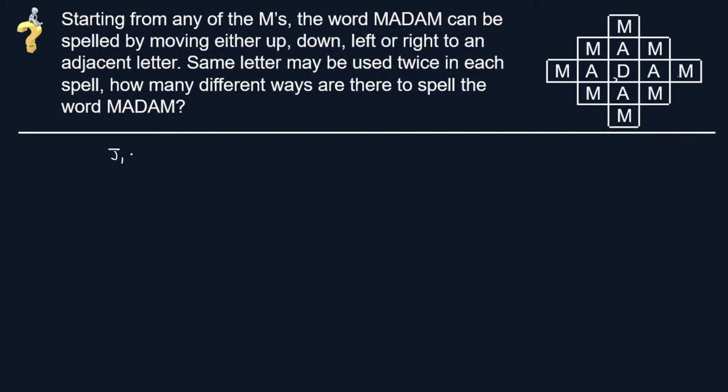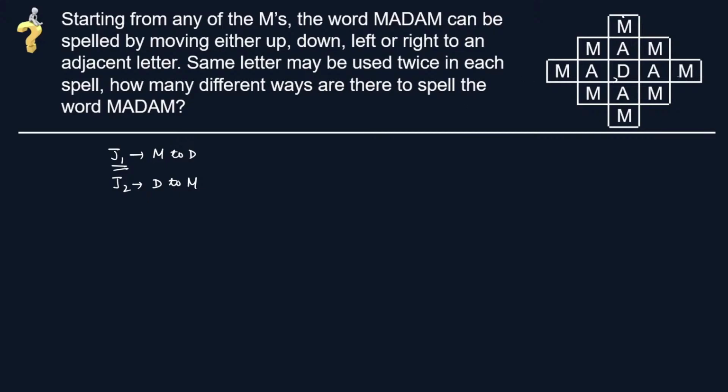Job 1 is to reach from M to D. And job 2 is to reach from D to M again to form the word madam, right? Okay, so let us first consider in how many different ways J1 can be accomplished. That is, in how many different ways if we start with M, we can reach D.